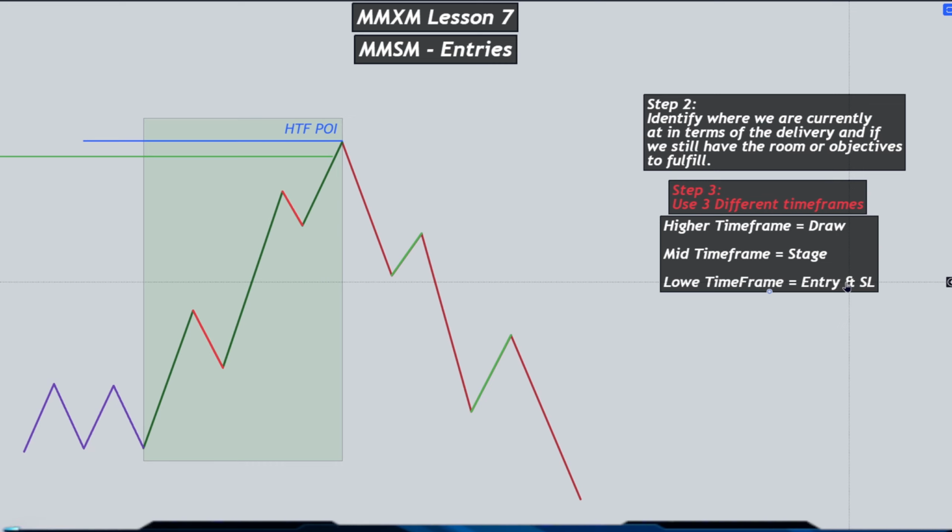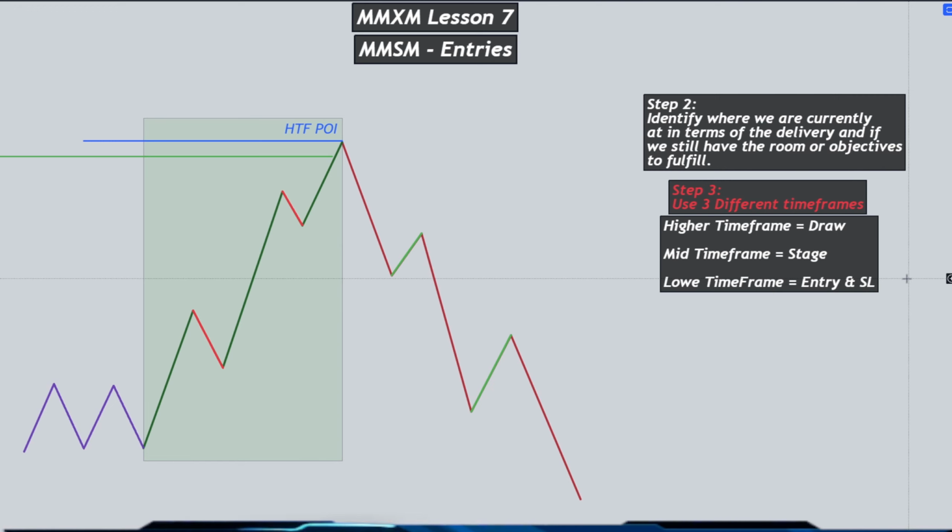If you are a swing trader, you can use the weekly chart as your higher time frame, the daily chart as your stages or mid time frame, and the hourly or 4 hour chart as your entry time frame. If you are a short term trader, you can use your daily or 4 hour chart as your higher time frame, your 1 hour or 15 minute chart as your mid time frame, and a 5 minute or 1 minute chart as your entry time frame.